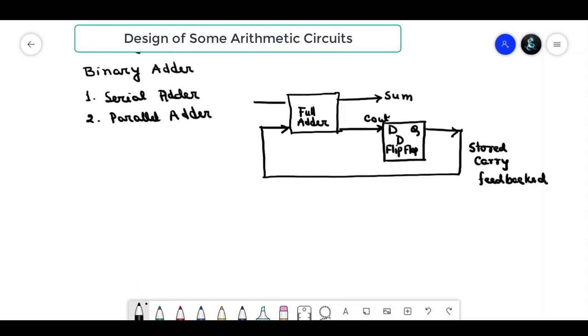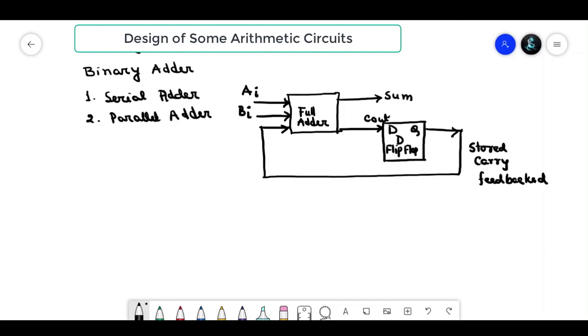These two are the input bits of the full adder, Ai and Bi, where i indicates the ith time. In the case of a serial adder, the addition is done serially. First in one clock cycle, then in the second clock cycle, and like this the addition is performed.